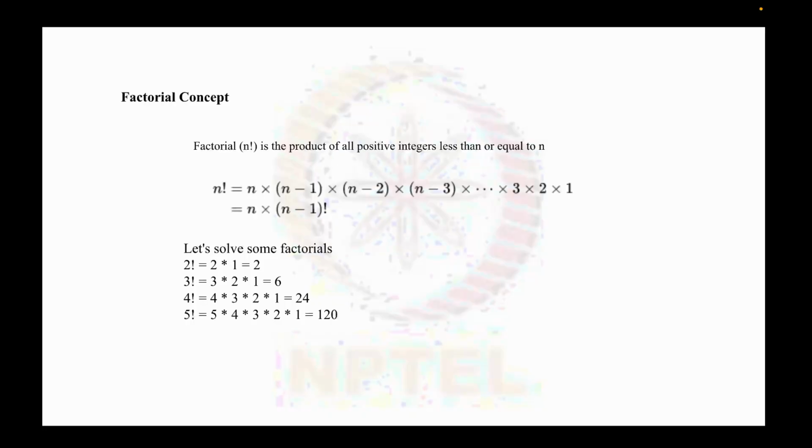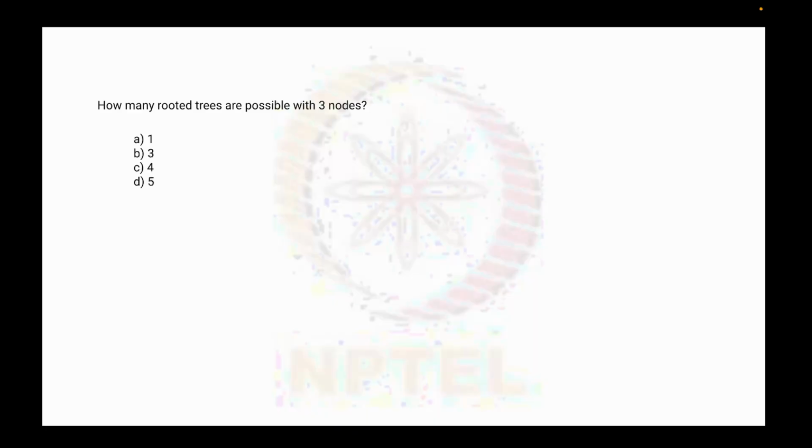So the 2 factorial value is 2, 3 factorial is 6, 4 factorial is 24, and 5 factorial is 120. Given the formula, how many rooted trees are possible with 3 nodes?